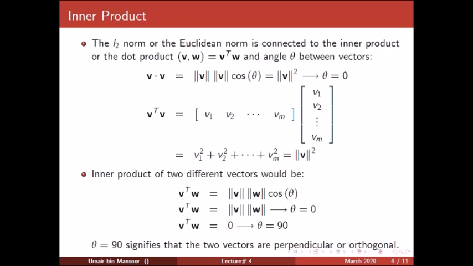Orthogonal vectors mean that their components are not affecting each other. This is the basics of the inner product and the dot product that will be used in the future in a lot of matrix manipulation.